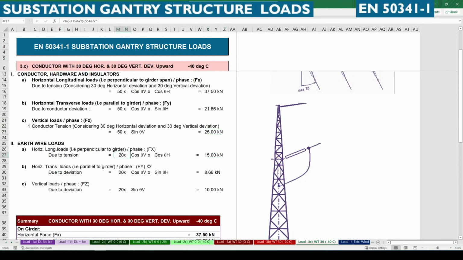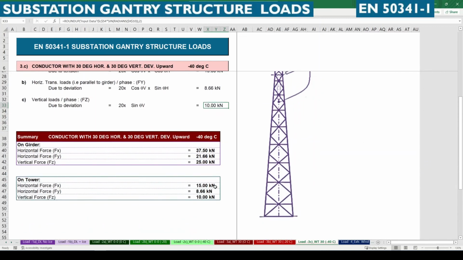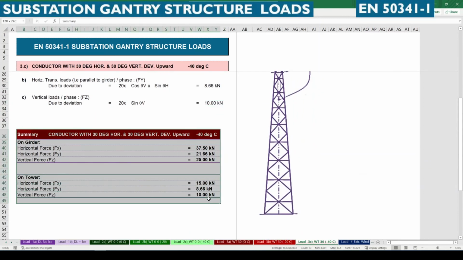Similarly for the earthwire, 20 cos theta V, cos theta H and cos theta V sin theta H is 8.6. So this is the summary for the same conductor with 30 degree horizontal and vertical deviation at 40 degrees Celsius.